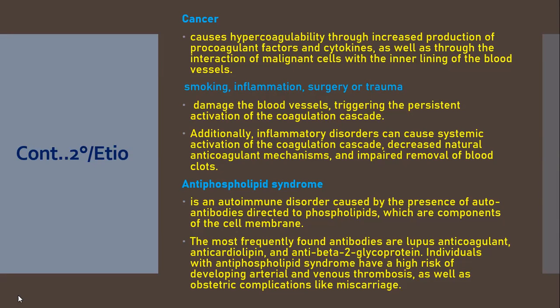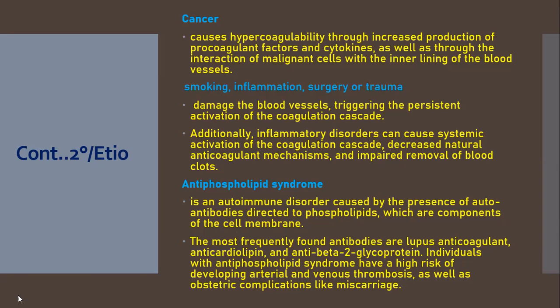And smoking, inflammation, surgery, or trauma can cause damage to the blood vessels, triggering the persistent activation of the coagulation cascade. Additionally, inflammatory disorders can cause systemic activation of the coagulation cascade. So it can decrease the natural anticoagulant mechanisms and cause impaired removal of blood clots.